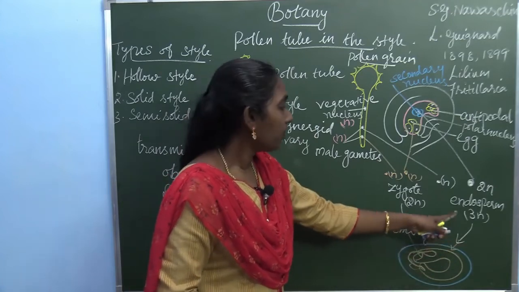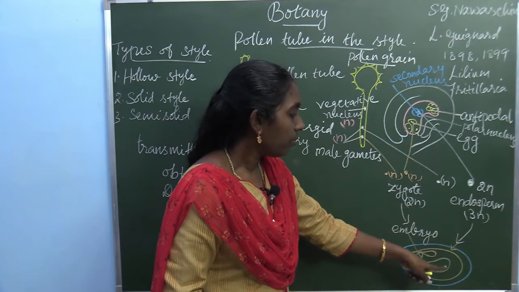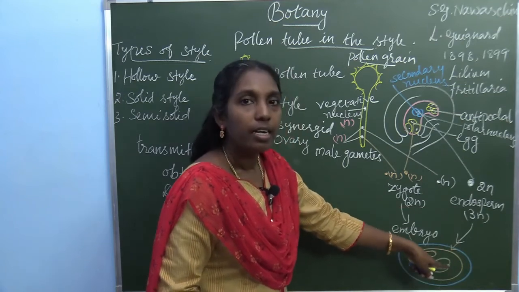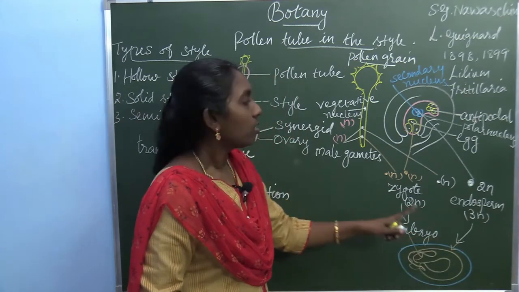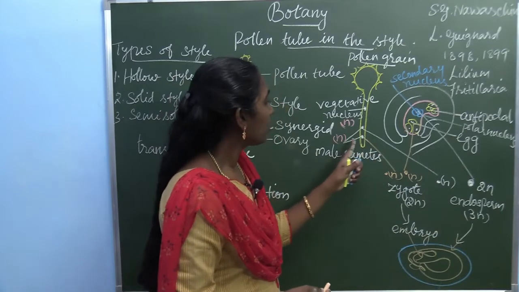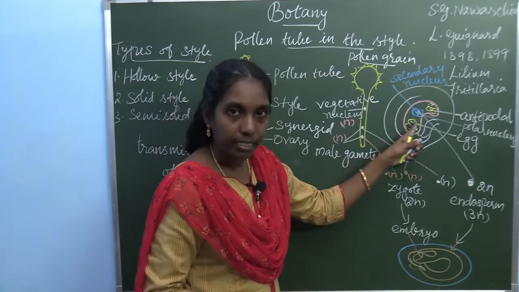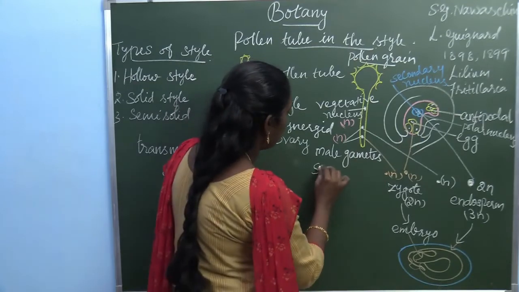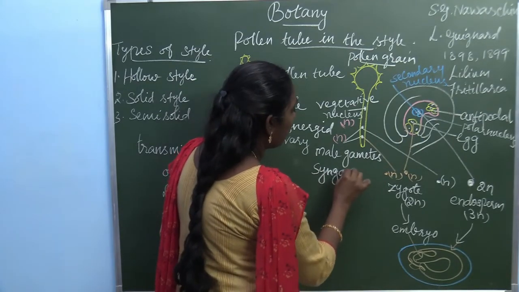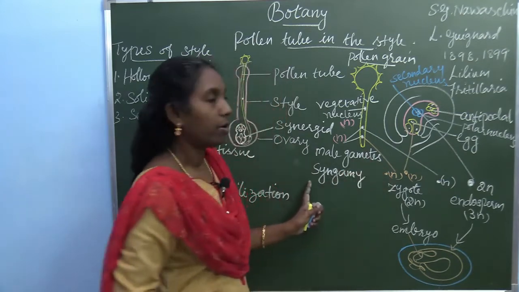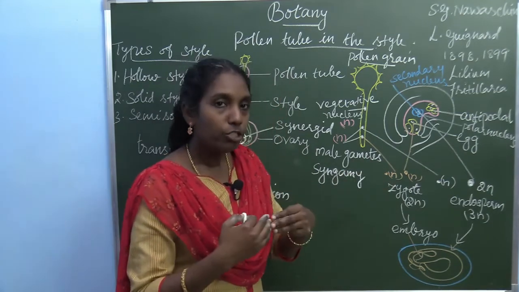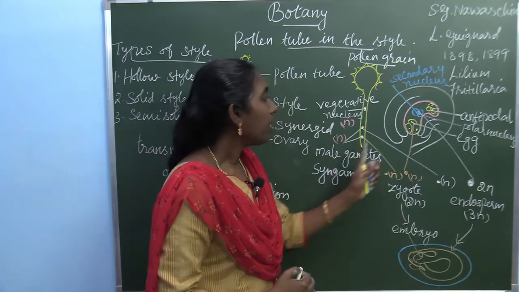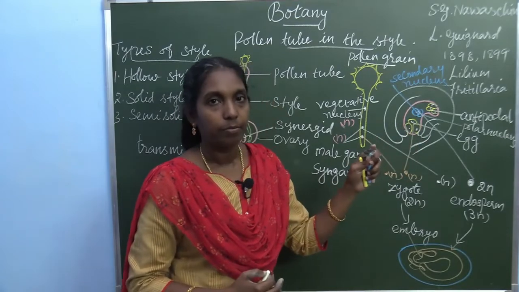So, what is the function of this endosperm? Endosperm nourishes the developing embryo. So, the first fusion, where this male gamete fuses with the egg, is called syngamy. Syngamy. 2 more questions, very important. What is syngamy? Fusion of male gamete with egg.